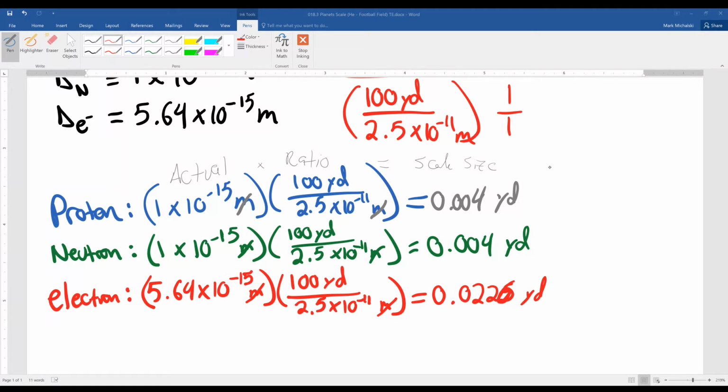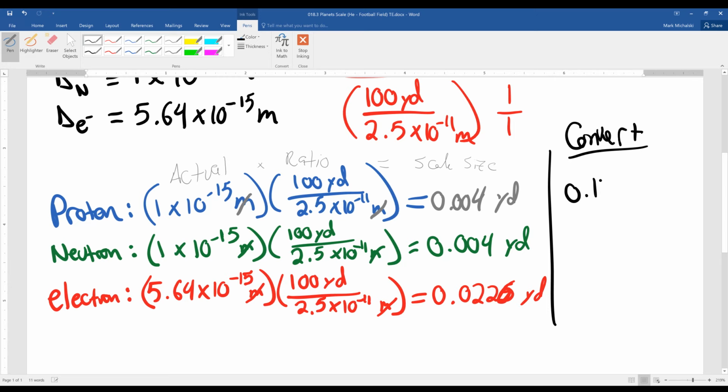So it turns out when I convert this, let's draw a line here. So convert, and this part's just extra. If I were to convert this, let's say, to inches, 0.004 yards is actually 0.144 inches in diameter. And so therefore, the diameter of a neutron would be 0.144 inches.